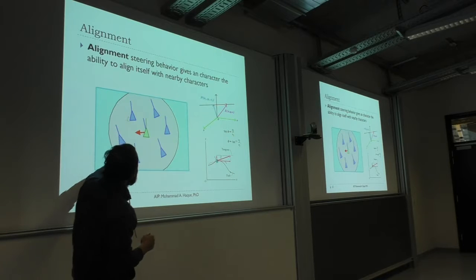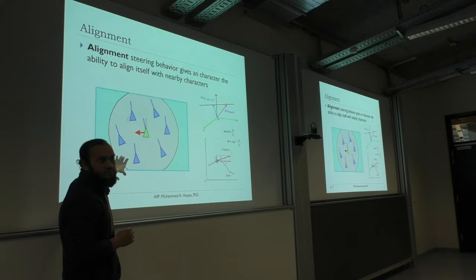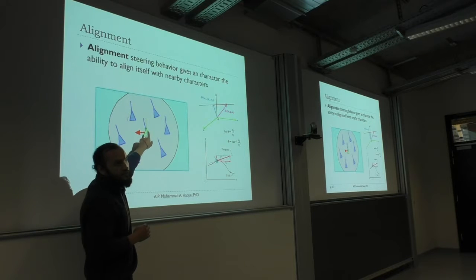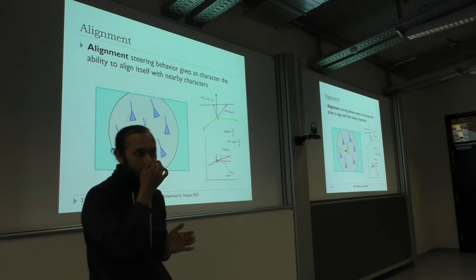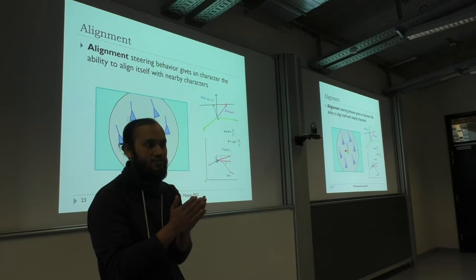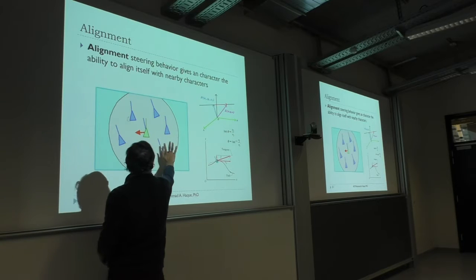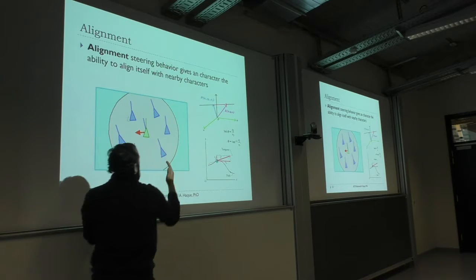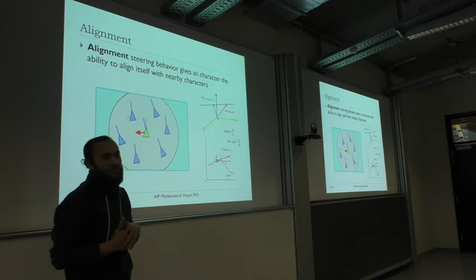But when you are thinking that you will align this object with the other object, how will you do that? It means that you will just try to find an average direction. This is moving in this direction, this is moving in this direction, this is another direction. Find the average direction and then put your one to that average direction.